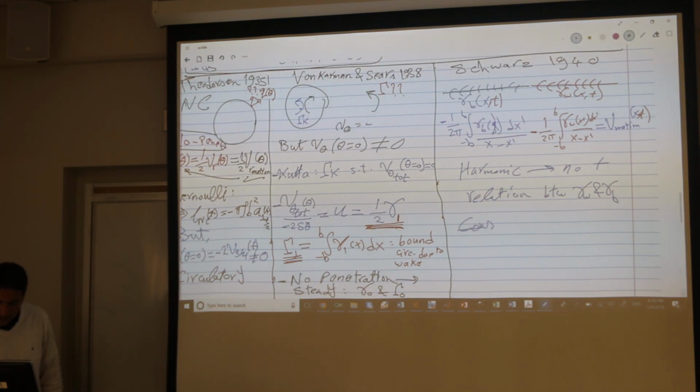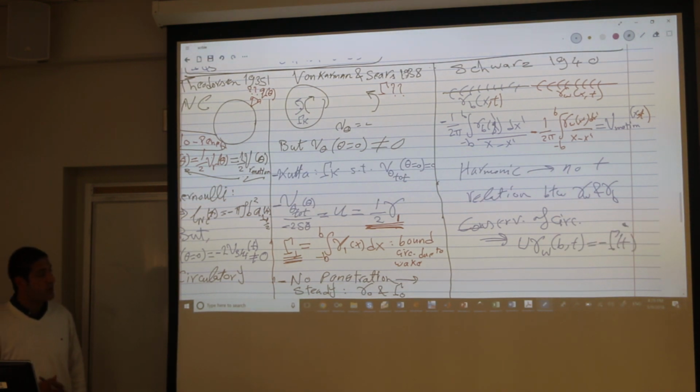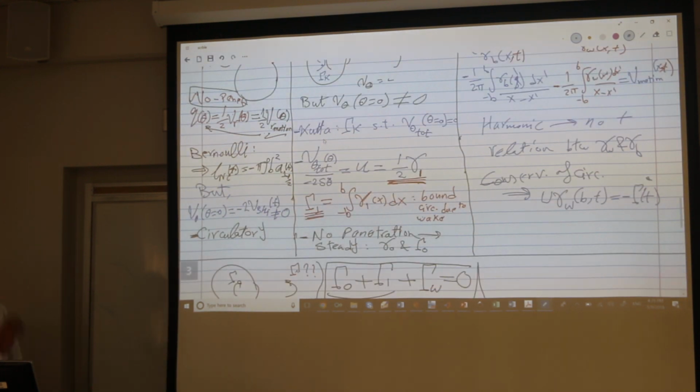So conservation of circulation gives you that U gamma wake at b and any t is negative gamma dot at t. Very well known relation that we may criticize later, but anyway. So we got gamma wake in terms of the total bound circulation. We got the gamma wake distribution in terms of the total bound circulation.